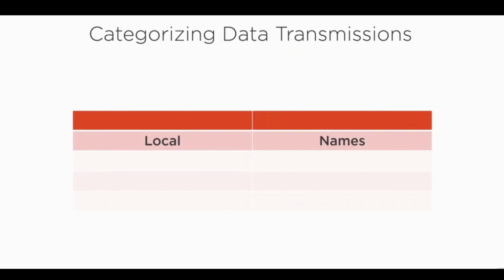So if we categorize this, now we have a global address, and that's our phone number. So we have a local address, our name, a global address, our phone number. And if we think about it, our local address, our name, allows people in the same room as us to call attention to us and identify us. And our global address allows us to communicate with others when we're not in the same room with each other.